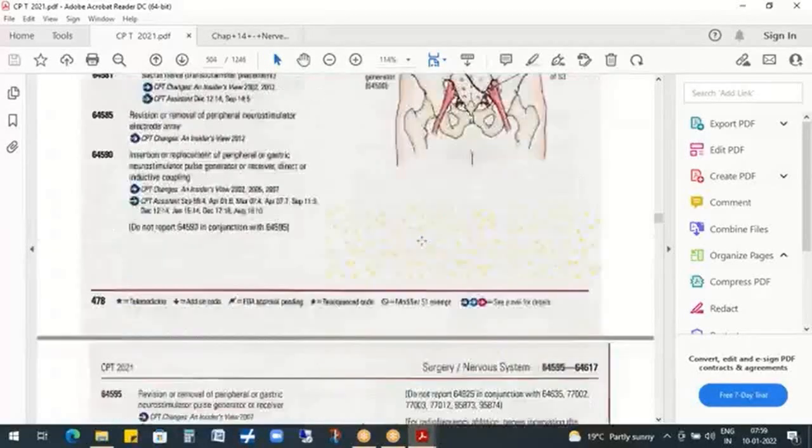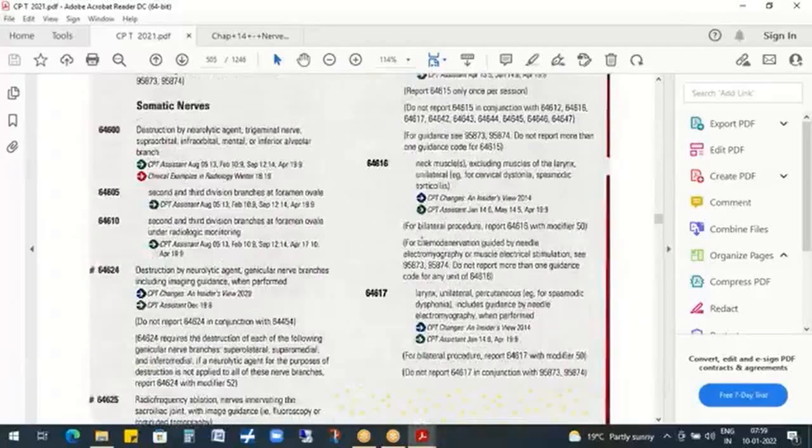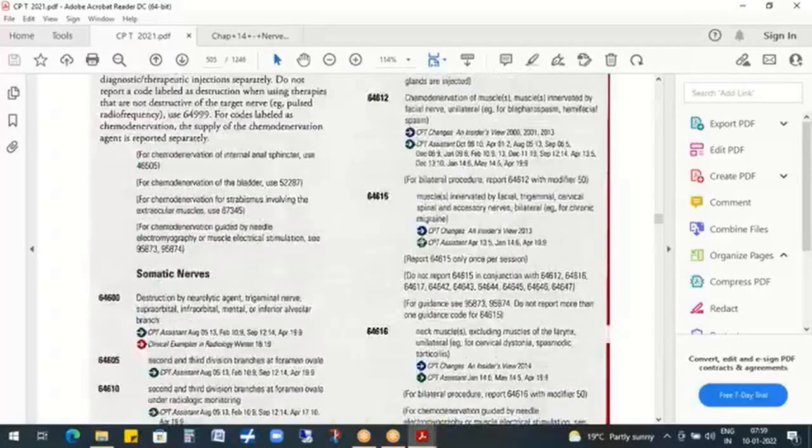Next one. After that, go for the codes 64615, 64616. Chemodenervation means destruction of muscles. For what? What is the cause?